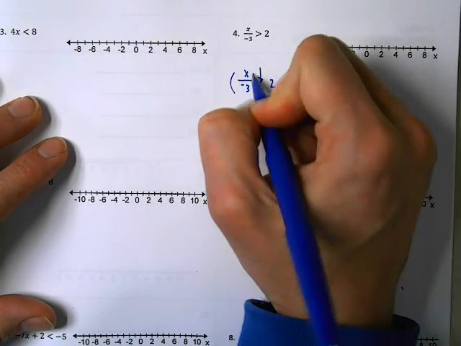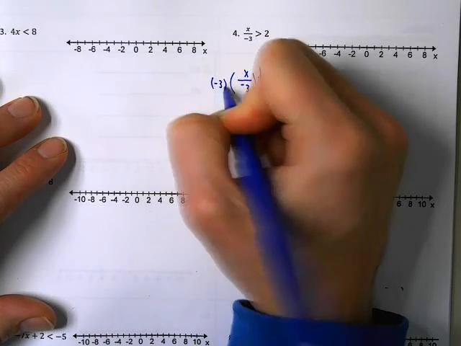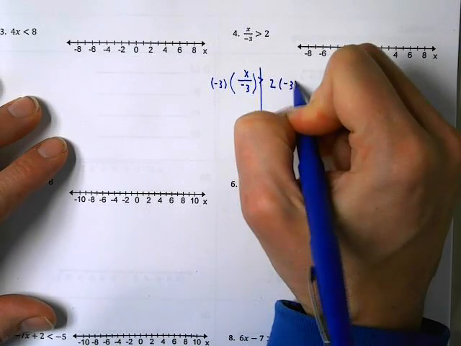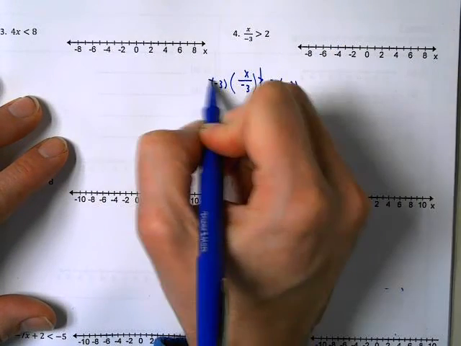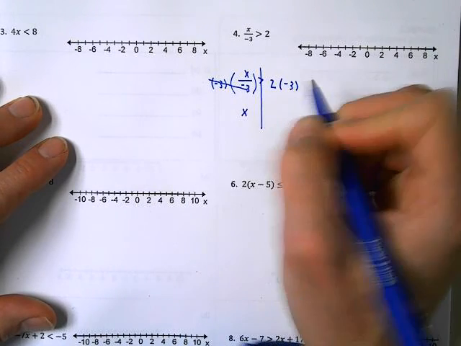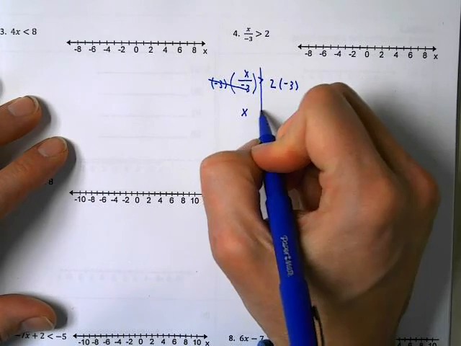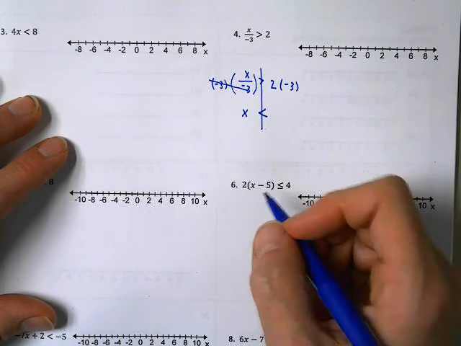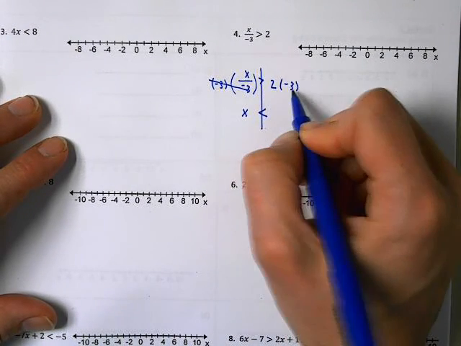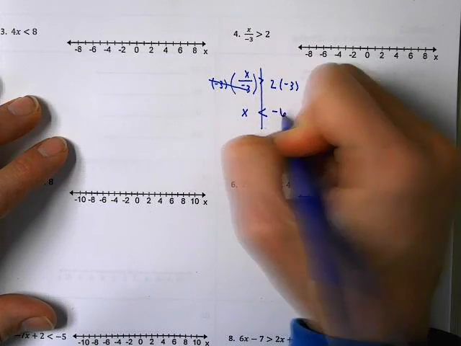So I'm going to take this and I'm going to multiply by -3 on both sides. So now these are going to cancel and I'll have just x. But now since I said multiply by a negative, now I need to flip the inequality symbol. And 2 times -3 is -6.